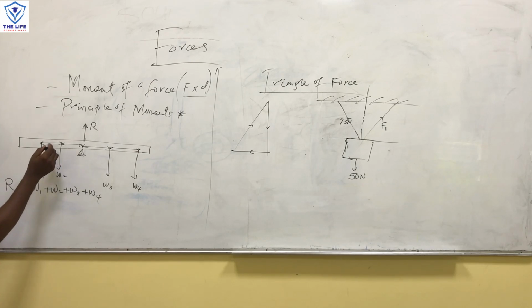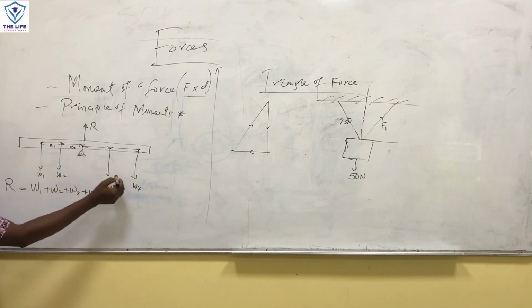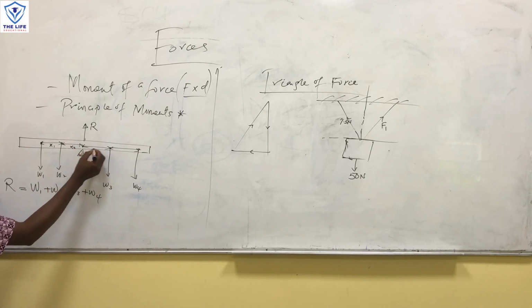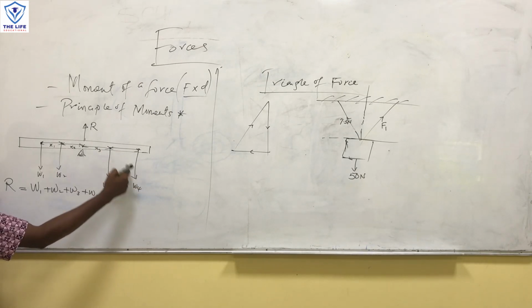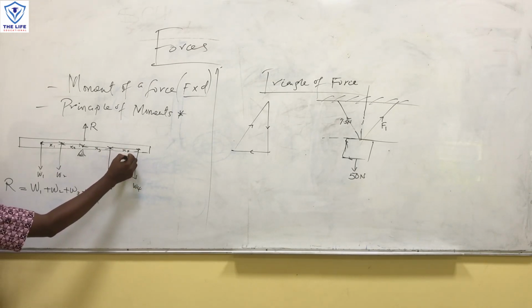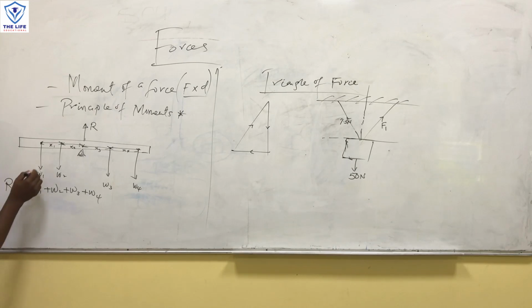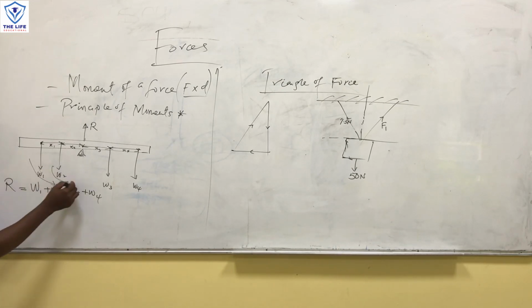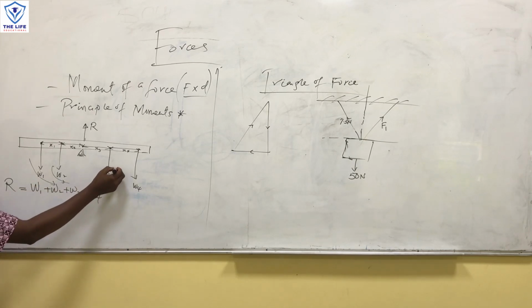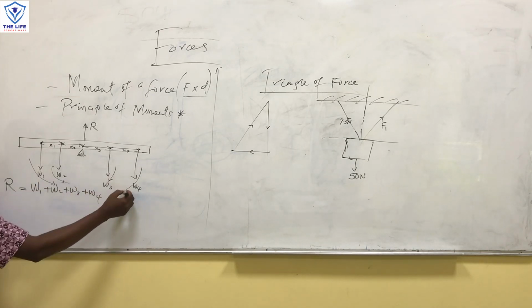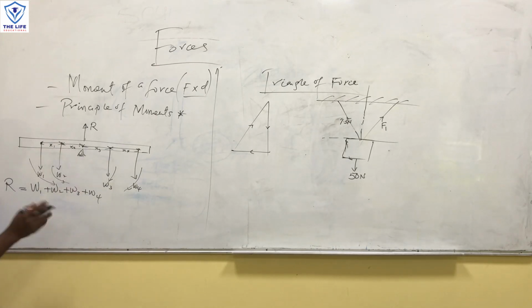In this case, if I have the distance of W2 as x2, W3 to this pivot as x3, and W4 to this point as x4, which means that W1 must act this way, so W1 and W2 will then be anti-clockwise, while I have W3 and W4 as clockwise.